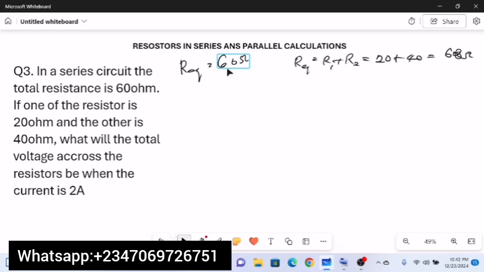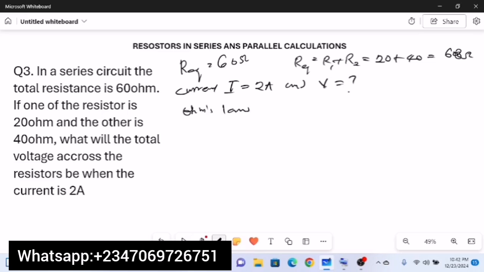Okay, so we are given current. Now they say, what will the total voltage across the resistors be when the current is 2 amps? So we are given current, which is I, equal to 2 amps, and we are asked to find the voltage across the resistors, V. So once again, you employ Ohm's law.